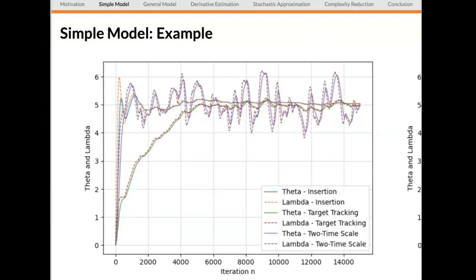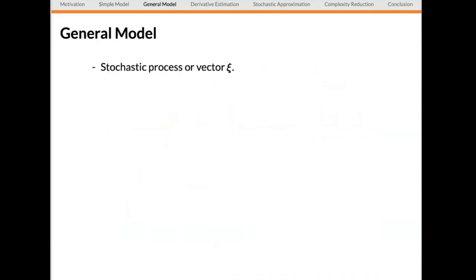The target tracking does really well, and it goes there as well, but it takes longer to converge. It takes more time. The two timescale is like a compromise between the two. It hits very quickly, that's the purple one. It hits very quickly where we want to be, but it has a little bit more variance around it. So that's more or less the way that these three algorithms would be working.